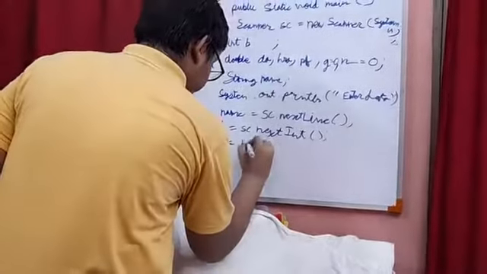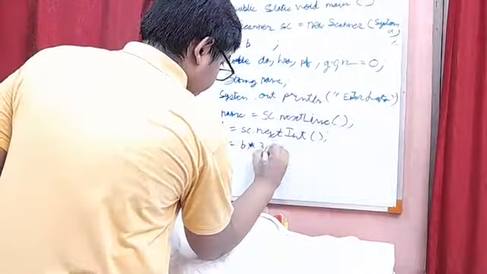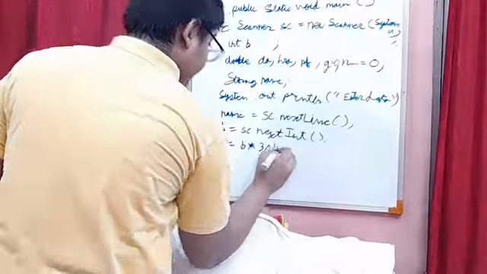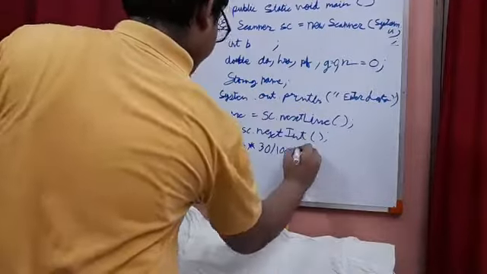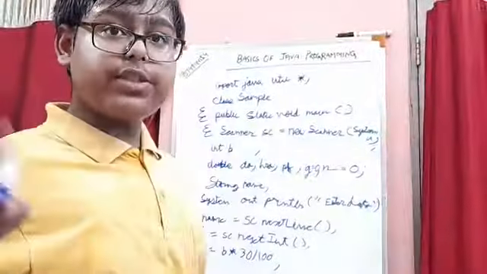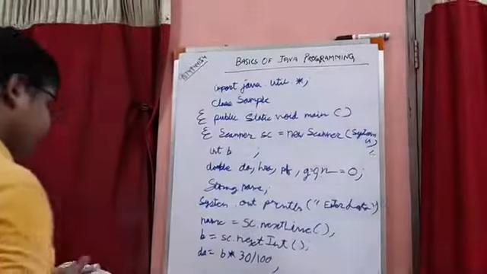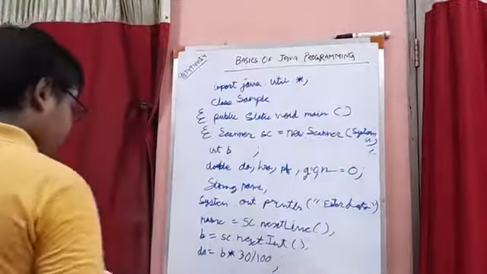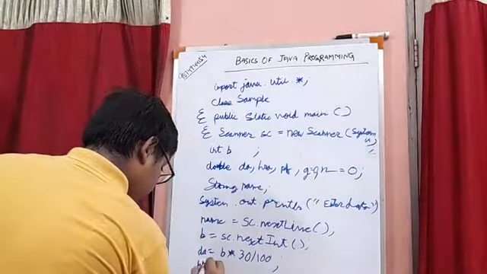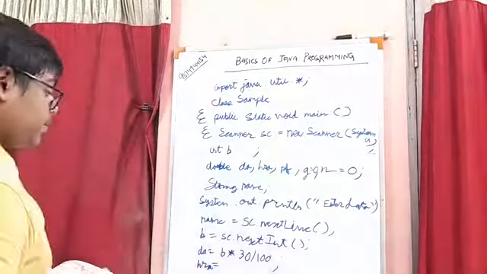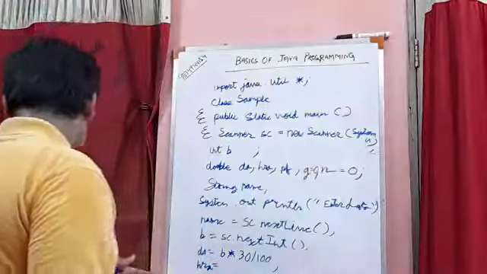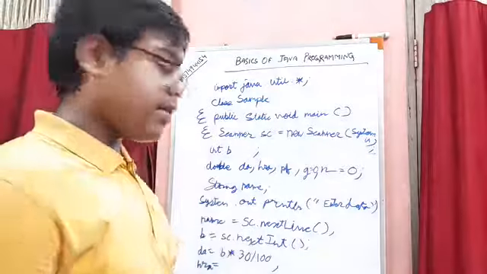B into 30. Now in programming, multiplication is given by the asterisk mark, like in the calculator of computers you see. Now HRA will also be done here. HRA is 12.5% of basic.